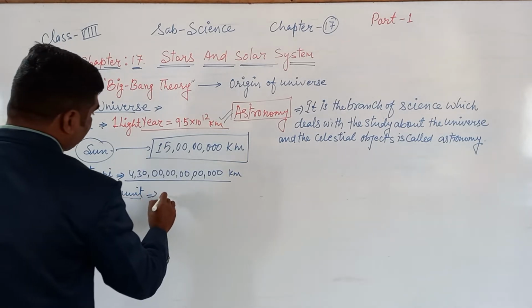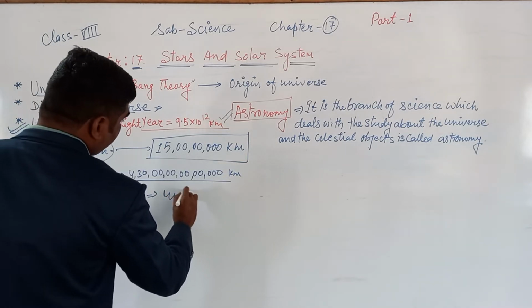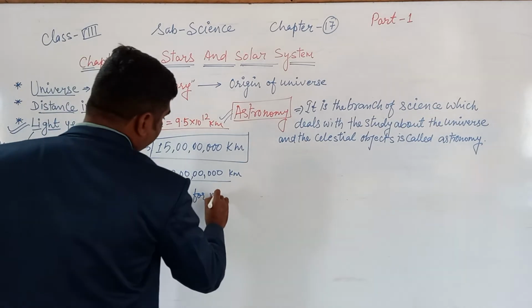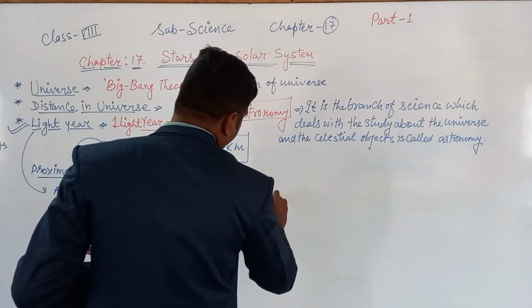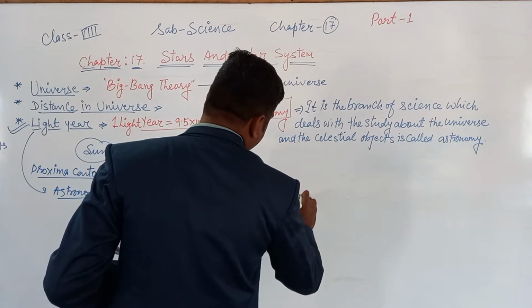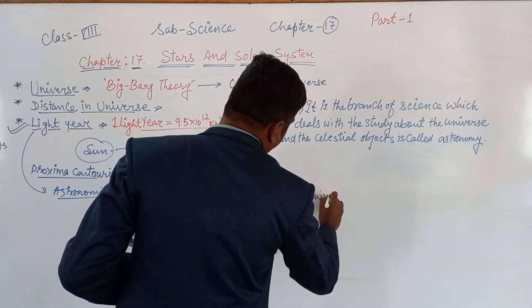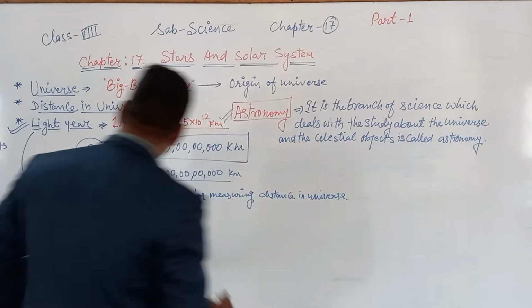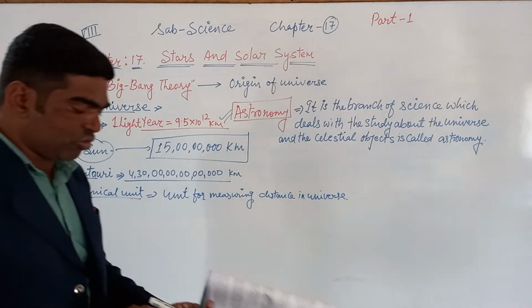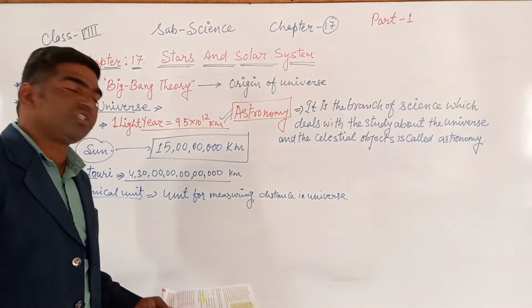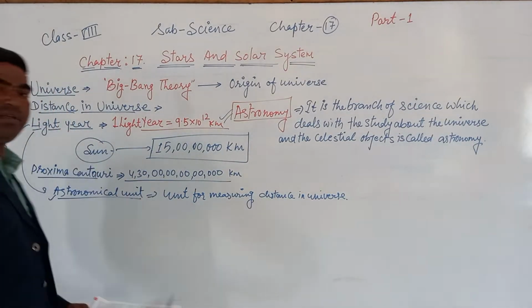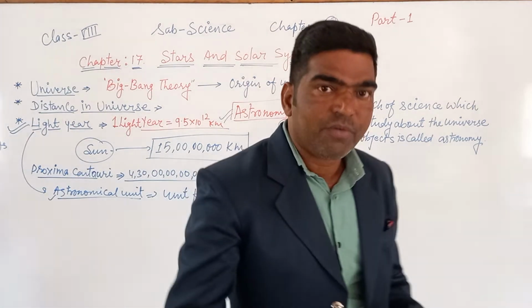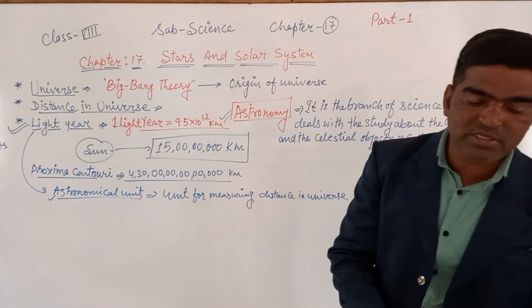This astronomical unit is also a unit for measuring distance in the universe, and another unit we have is the light year. So now we discuss more about the light year.